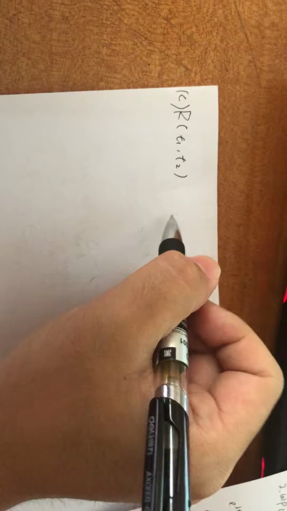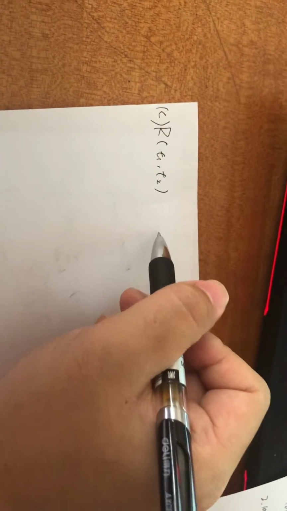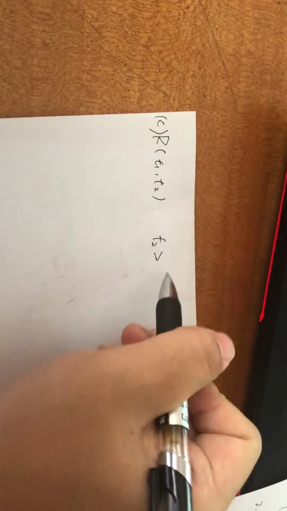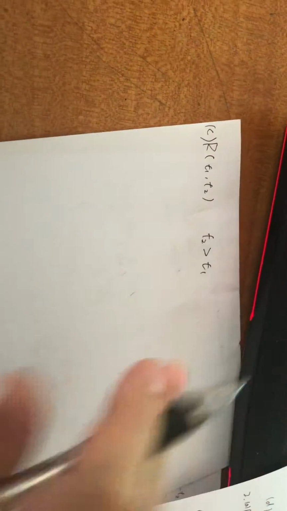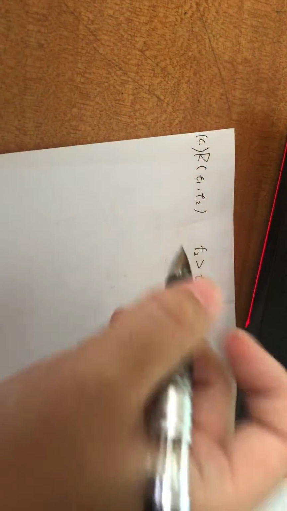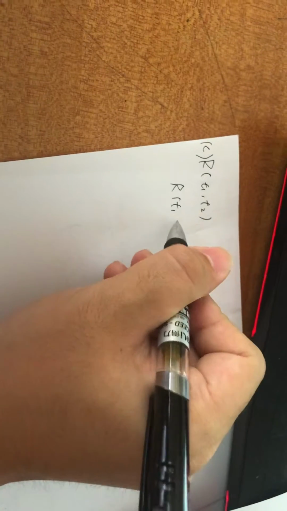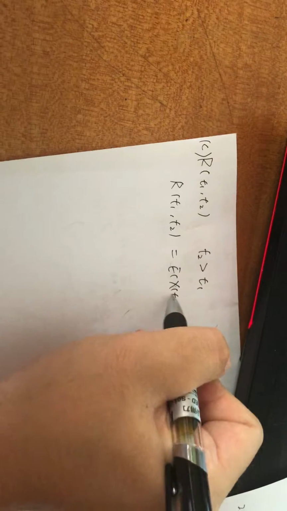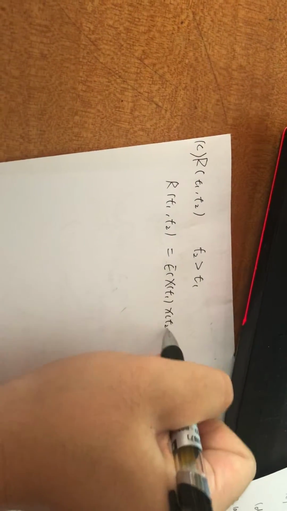Okay, for this one we have to discuss the situation. According to the question, when t2 greater than t1, we have two situations because R(t1, t2) equal to E[X(t1) times X(t2)].